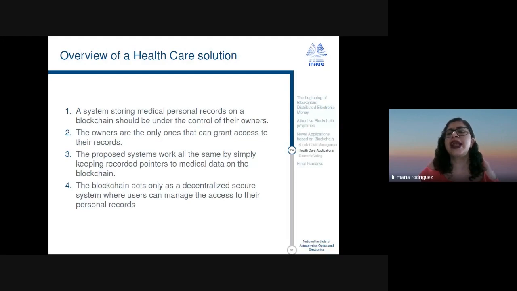So we will get some proposed solutions as a mix of two technologies, let's say blockchain and also cloud computing, for example.